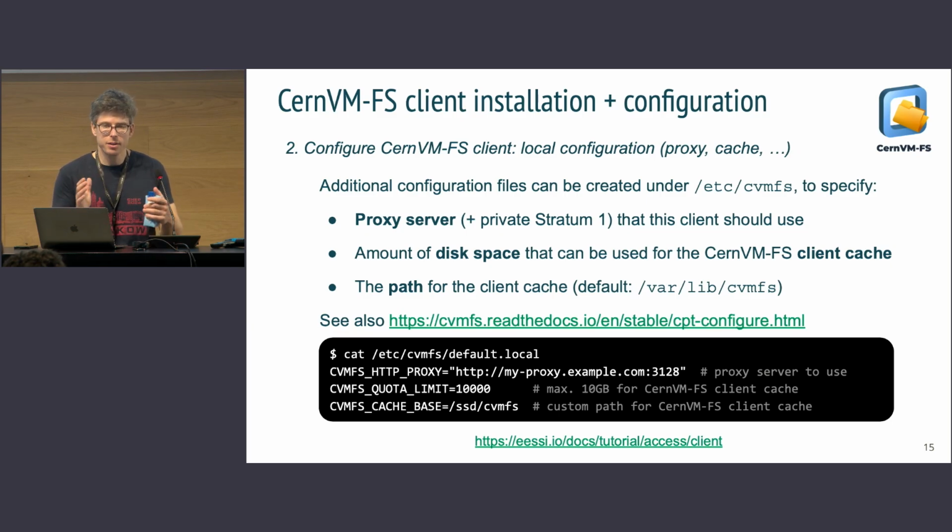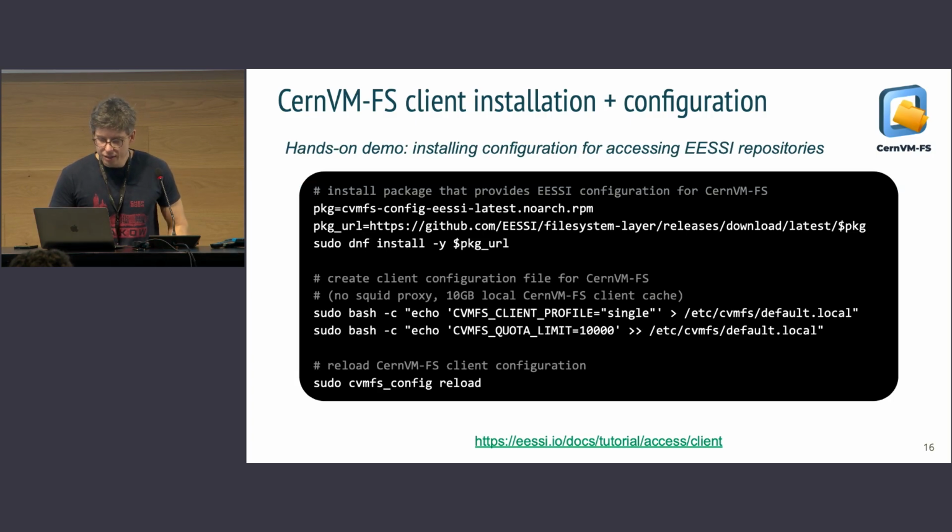It has a default which is okay, but it tends to be good to adapt it to your system, because it also depends on the particular software and how many repositories you use. If you have things like TensorFlow, that tends to be quite heavy on resource usage.